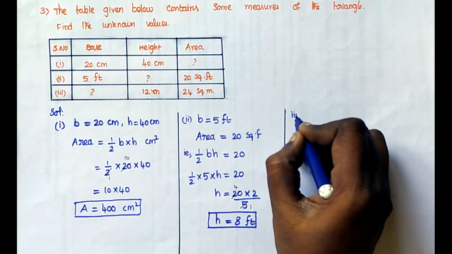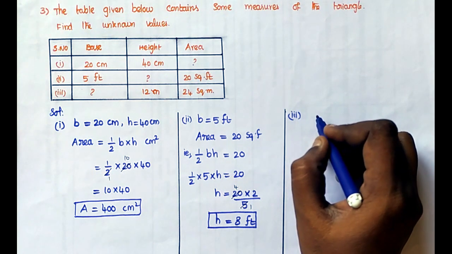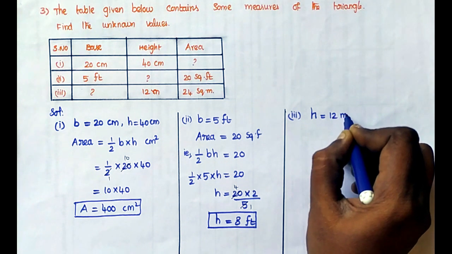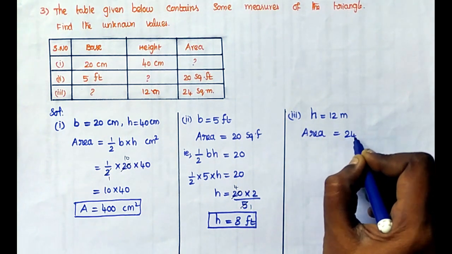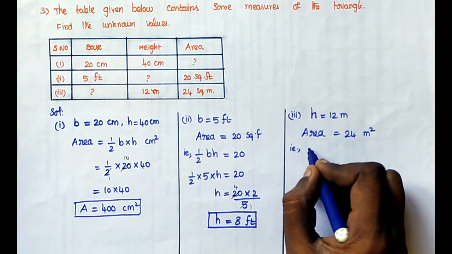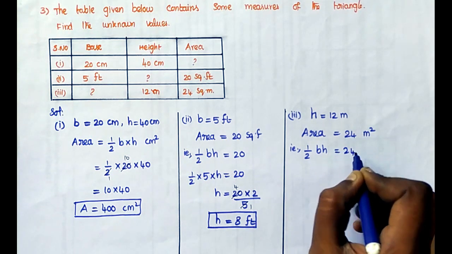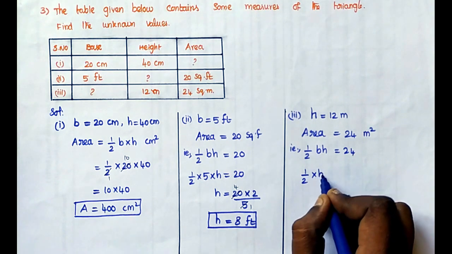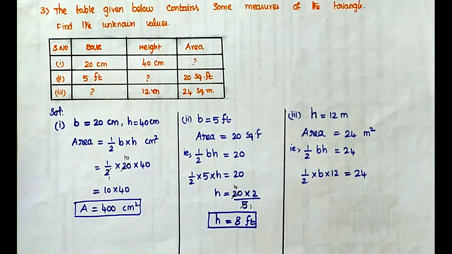Third one, we have to find out base. They given height h equal to 12 meter and area equal to 24 meter square. Instead of area, we have to apply the formula of half BH equal to 24, and 1 by 2 into base, we don't know, height we know that 12 equal to 24.